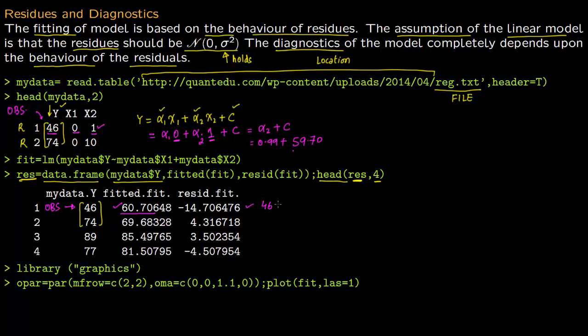So 46 minus 60.70 will give you this. Similarly, 74 minus 69 will give you this. 89 minus 85 will give you this. 77 minus 81 will give you this. So the difference between your data values and your fitted values gives you the residuals. So these are the residuals of our model.